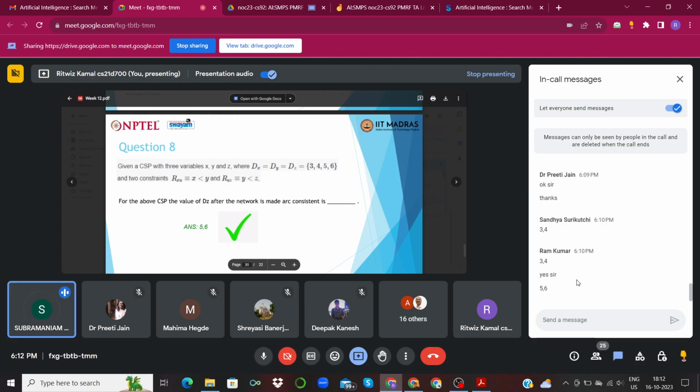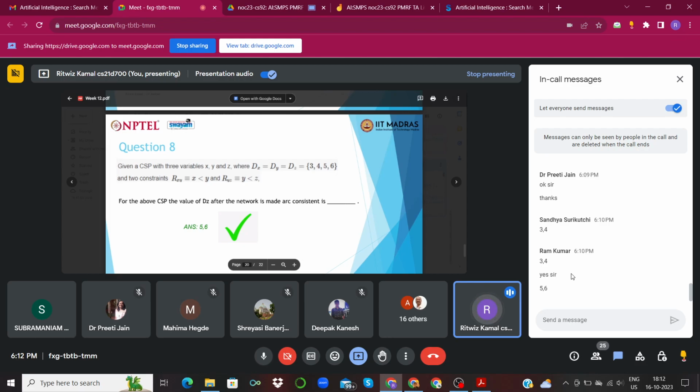So, by making everything arc consistent, what does that graph convey? I'll encourage you to try to draw the graph and see if there is any value in the domain of x or y or z that does not satisfy the constraint.